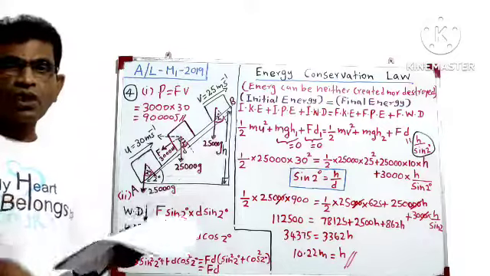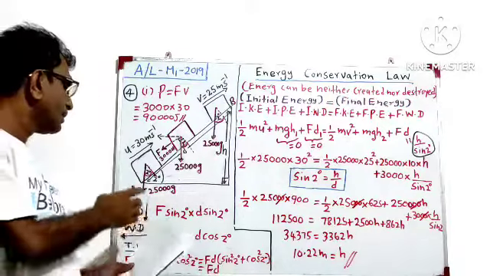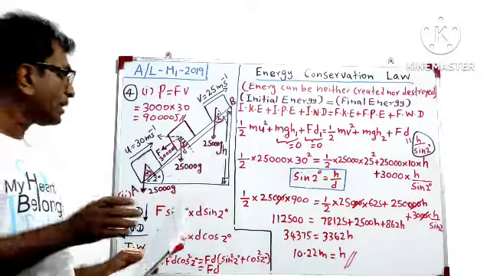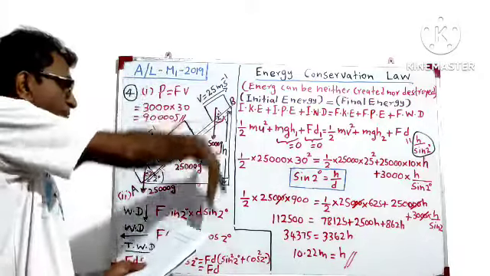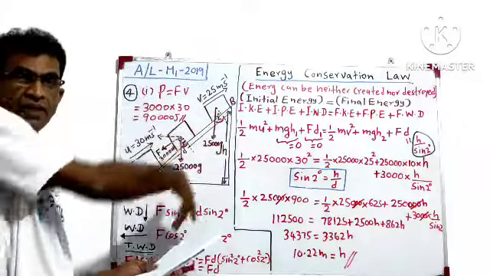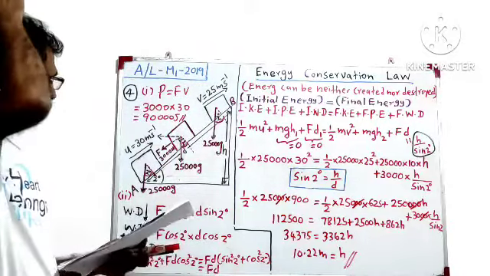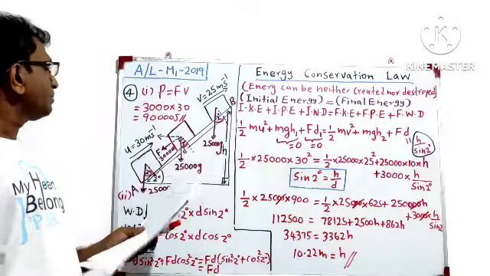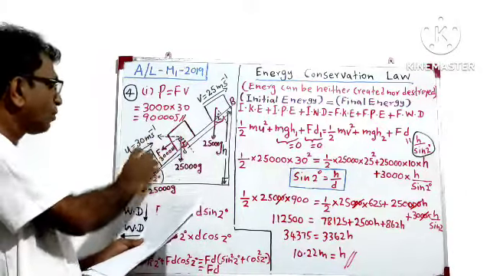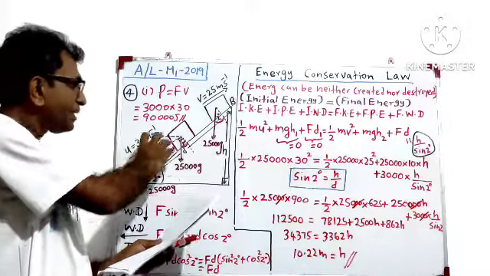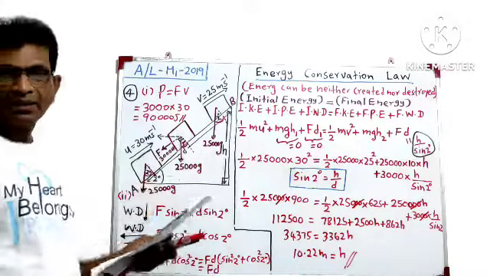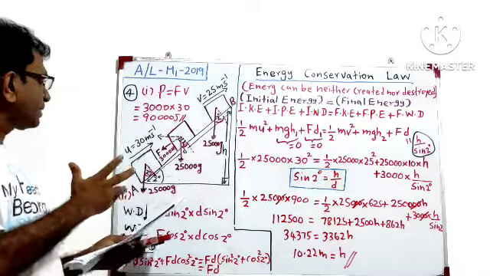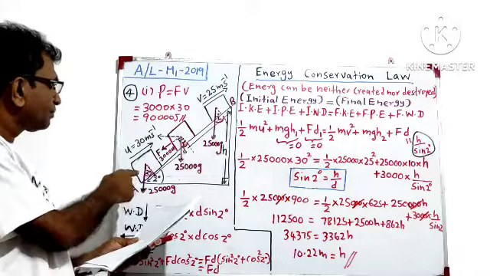Now weight also acts vertically. What is the weight of this vehicle? 25,000 kilograms, acting downward. I also mark it here. I took the vehicle as a square shape figure, very easy to work out.